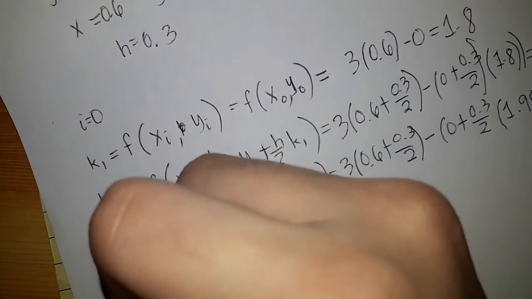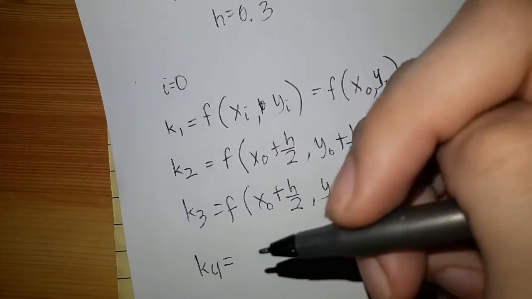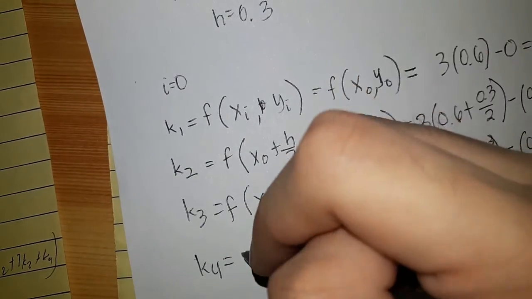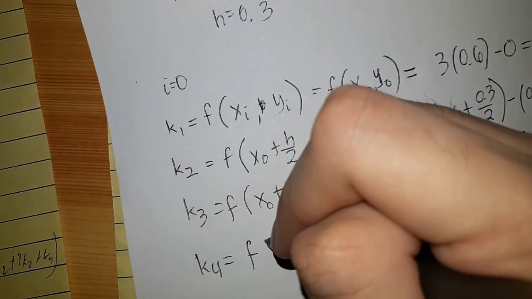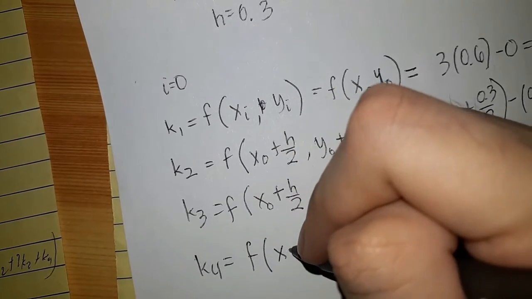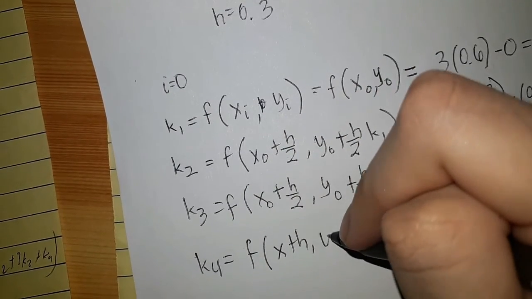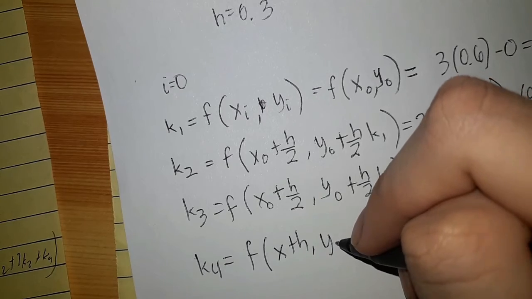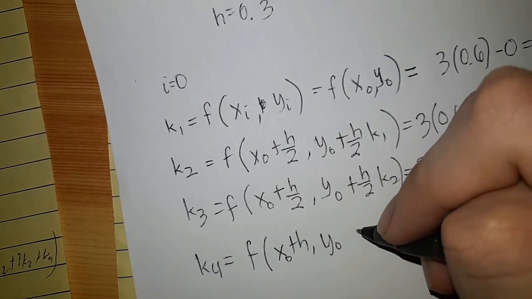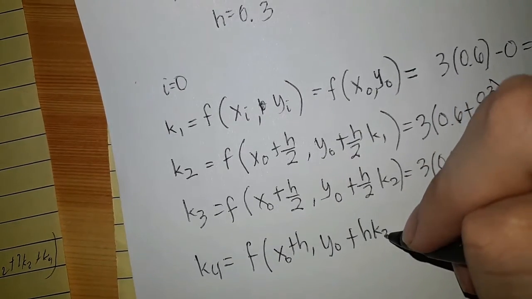So for K4, it is equal to the function of x plus h, y sub 0 plus h times k3.